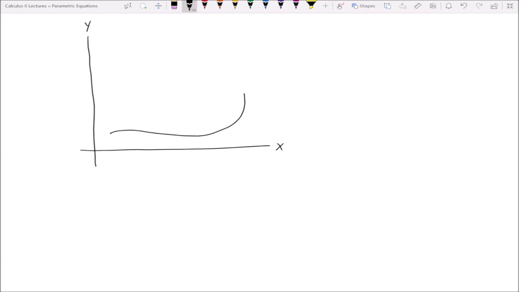Let's say we're now given some parametric curve, and we want to find arc length from some point t equals a to a point t equals b.